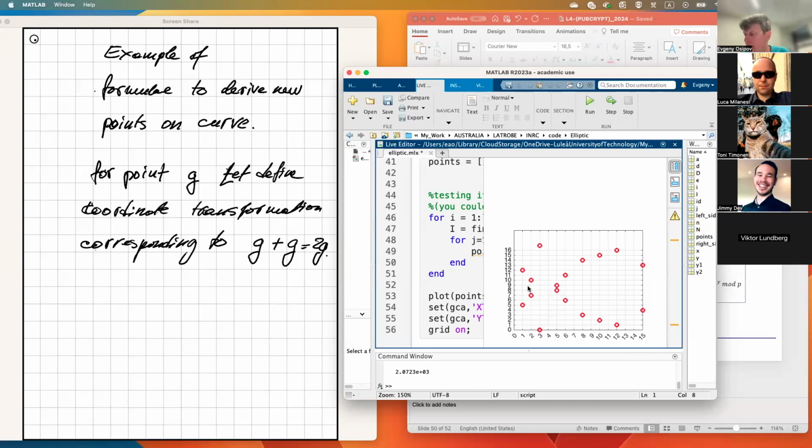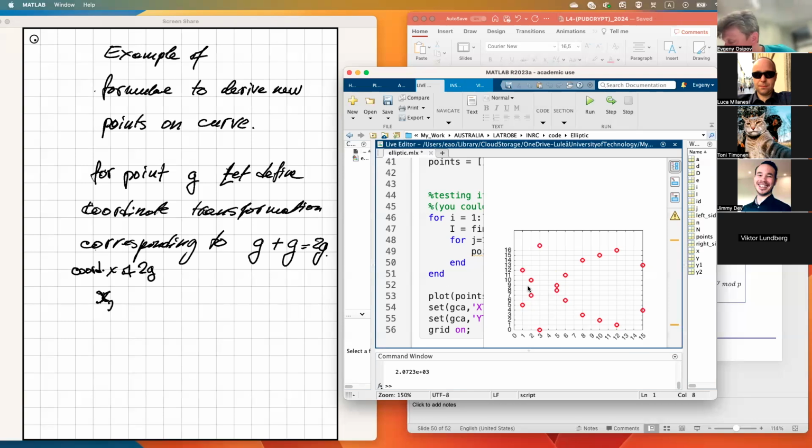And again, I just want to show you the final result of it. So now we talk about the coordinate X of 2G.